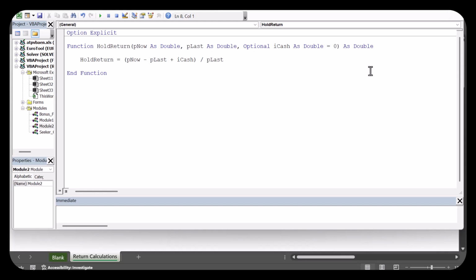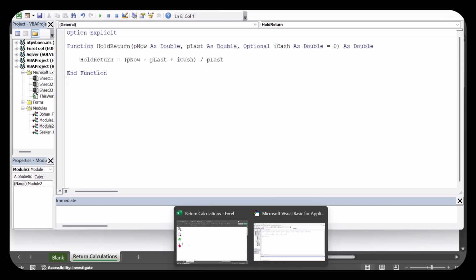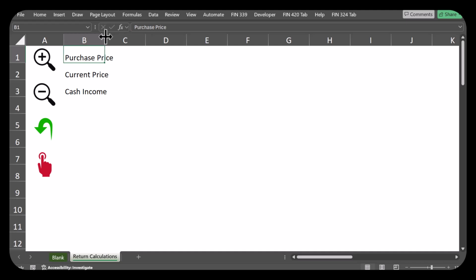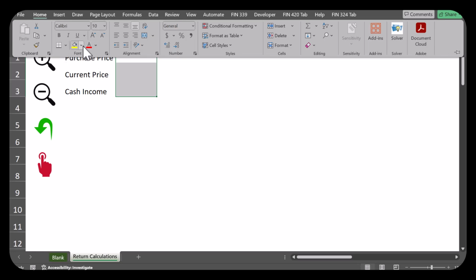So purchase price, current price, cash income. You know my obsession with colors.